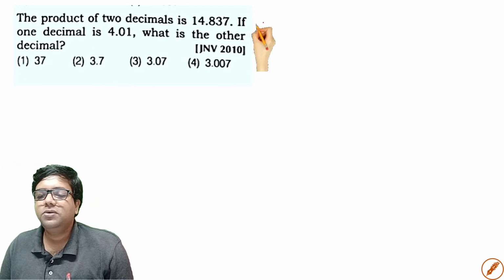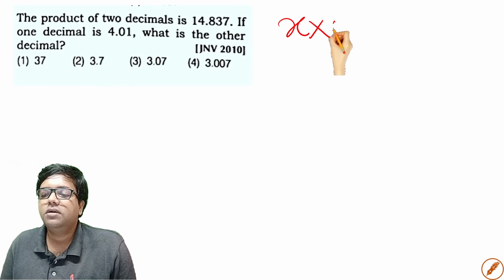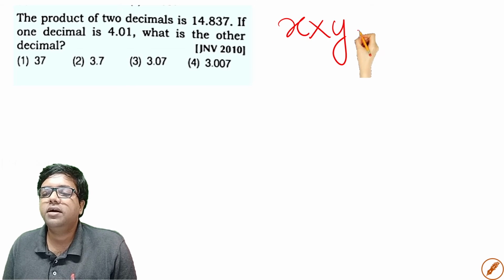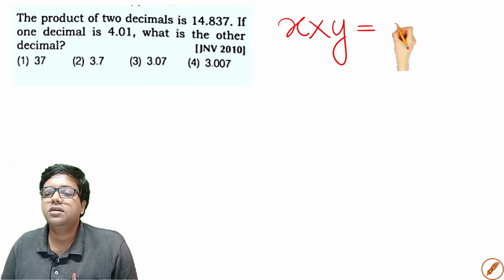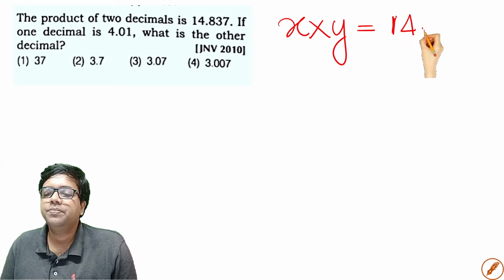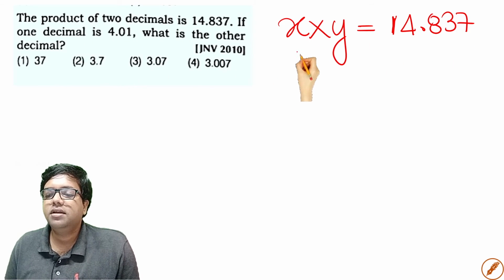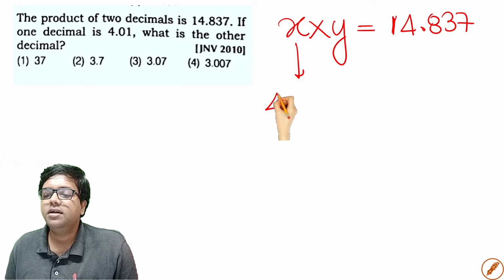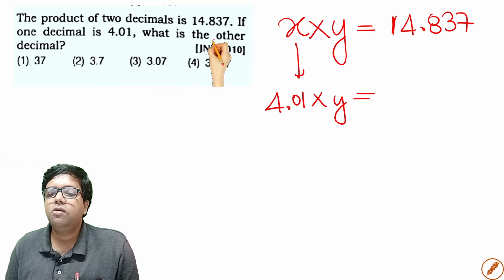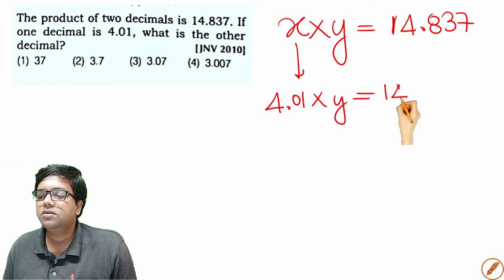The product of two decimals is 14.837. I don't know the decimals, so I will take them as x and y. If one decimal is 4.01, what is the other decimal they are asking?